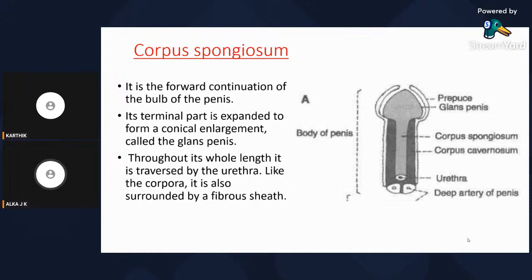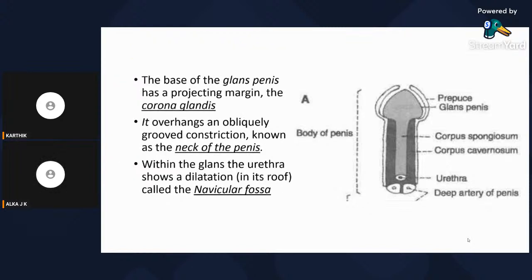Its terminal part is expanded into a conical enlargement known as the glans penis. Throughout its whole length it is traversed by the urethra, and just like the corpora cavernosa, it is also surrounded by a fibrous sheath. The base of the glans penis has a projecting margin known as the corona glandis.